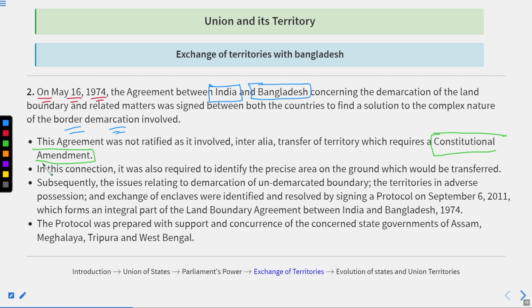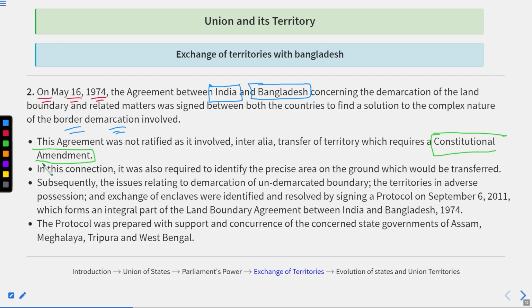All right. Thereafter, it was required to identify the precise area on the ground which would be transferred. Because when we talk about boundaries, the boundaries and borders have been set up by humans, not by nature. All right. So naturally, there is no line which could define that this is Bangladesh and that is India. All right.